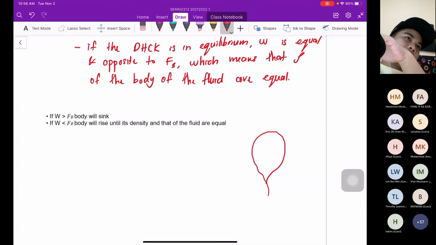It will not go until the moon, it is not possible. The balloon will stop at a certain elevation. Why? What do you think? It will stop at a very high altitude. Why? Anyone?